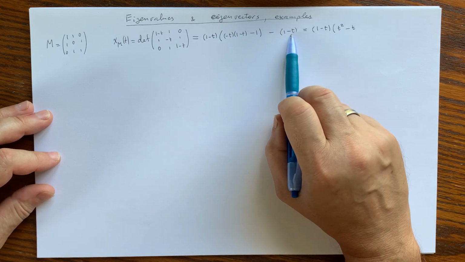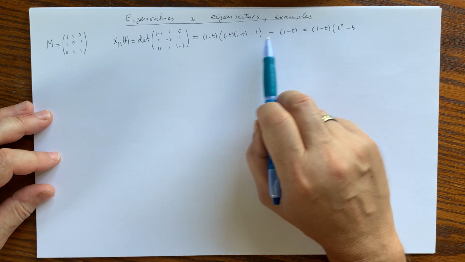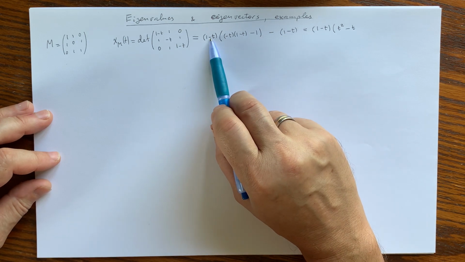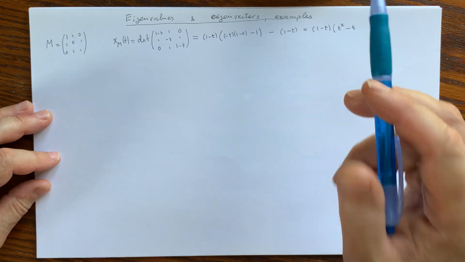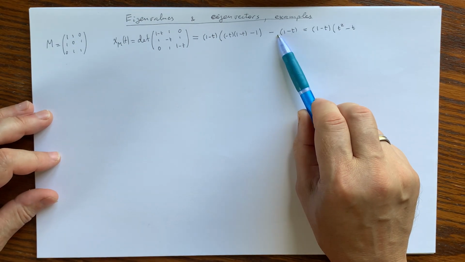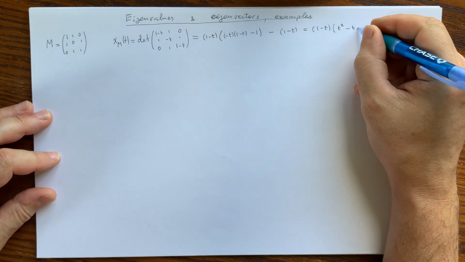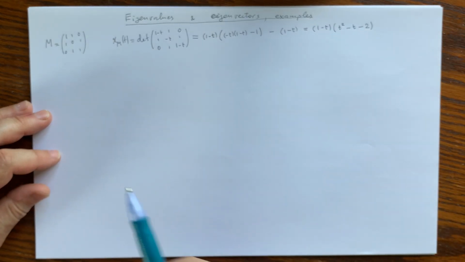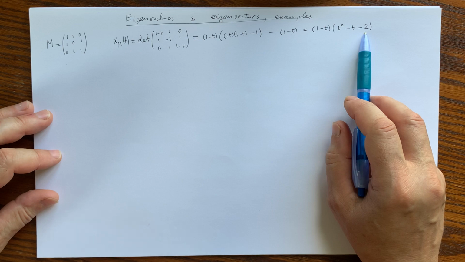I'm not factorizing, I'm not using this term in my computation, so there's negative 1 coming from the first copy of 1 minus t as a coefficient, and there's negative 1 from the second, so we'll have negative 2 total. And now we have to factorize these.